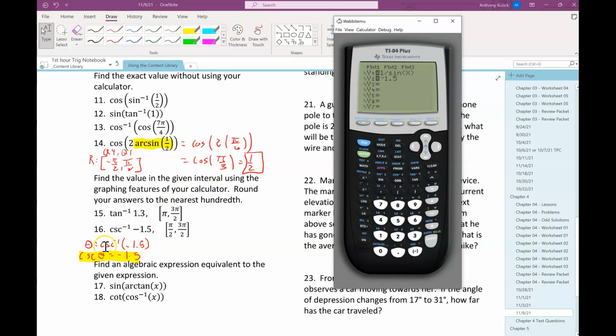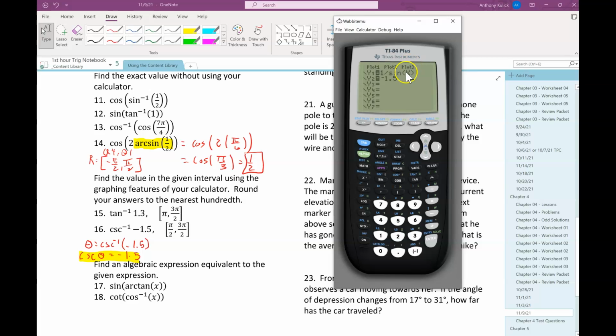So in my calculator, I'm going to type cosecant in one y equals slot and the negative 1.5 in the other. Remember that we don't have a cosecant button on our calculator, but we do know that cosecant is the reciprocal of sine. So I'm just going to type cosecant in as 1 over sine. Does that feel okay?